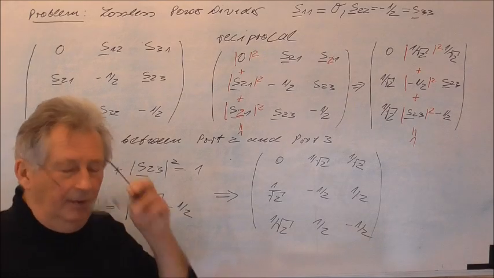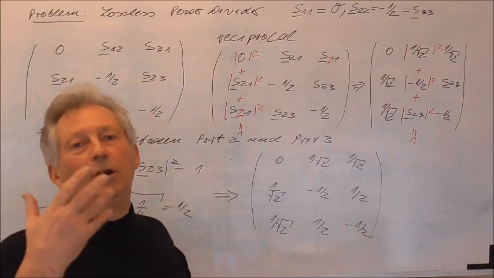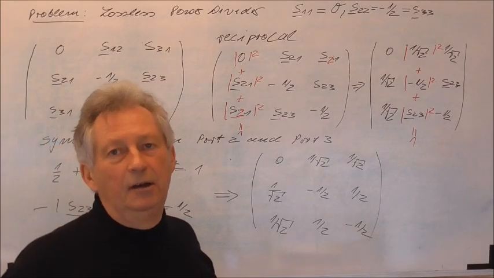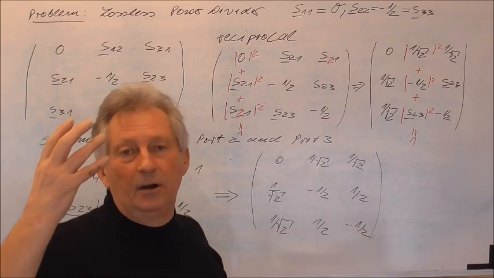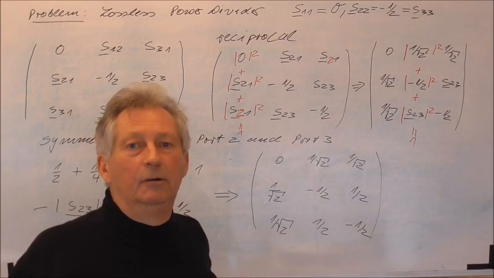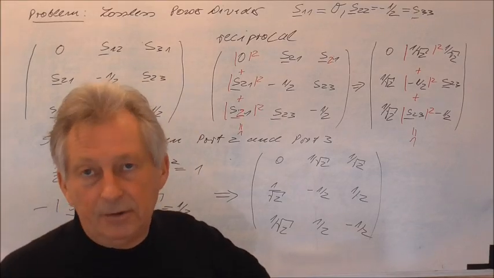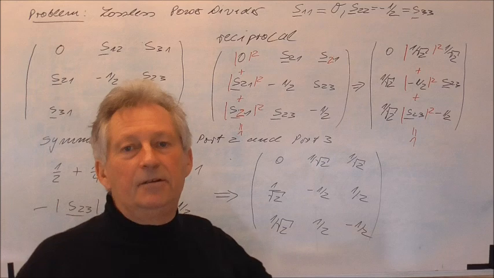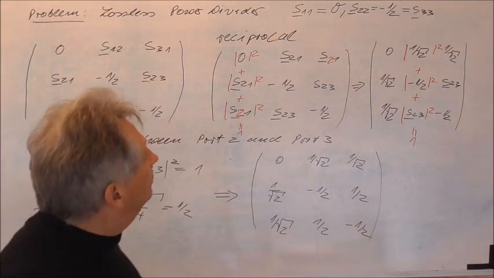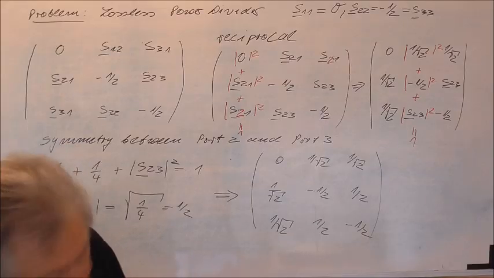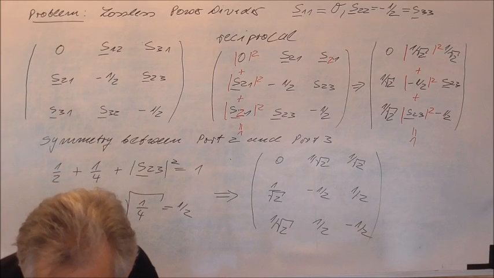Yeah, always if we have a passive network, which means we have only some inductances, resistors, capacitors in it, it becomes reciprocal. Of course, as soon as a resistor is in the network, then it shows some losses. But nevertheless, as long as it's passive, it will be reciprocal. So, did this answer the question again?